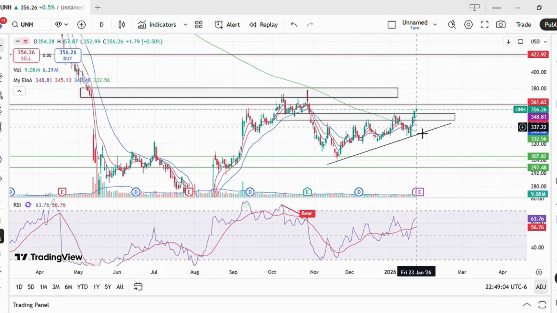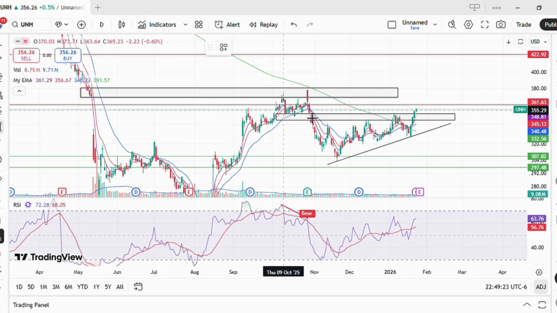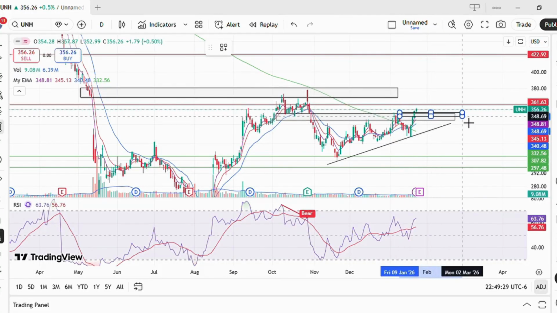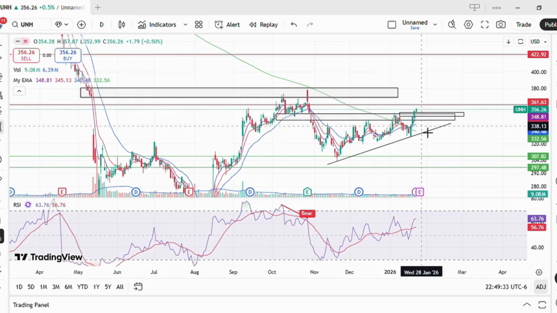We also have a 20 EMA crossover above the 200 SMA, which is a typical bull structure. Also it has bullish fair value gaps here and here.